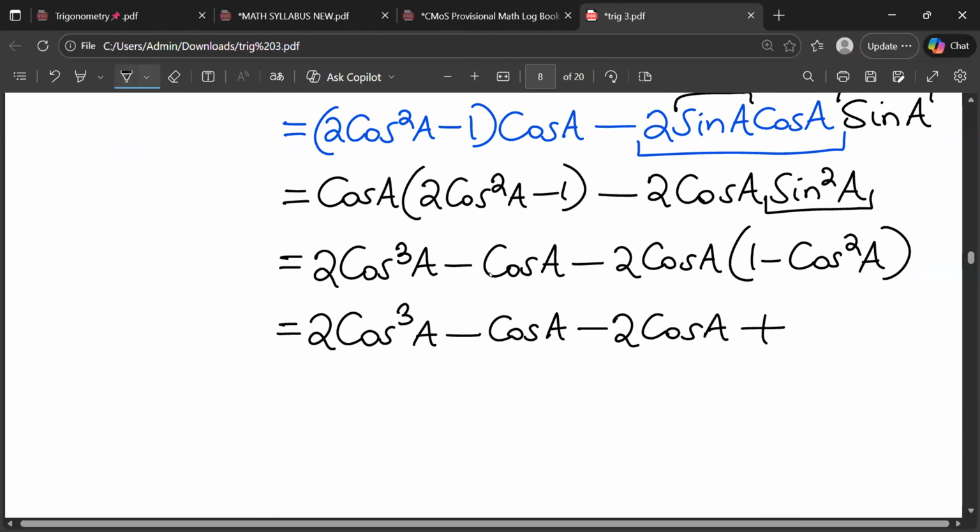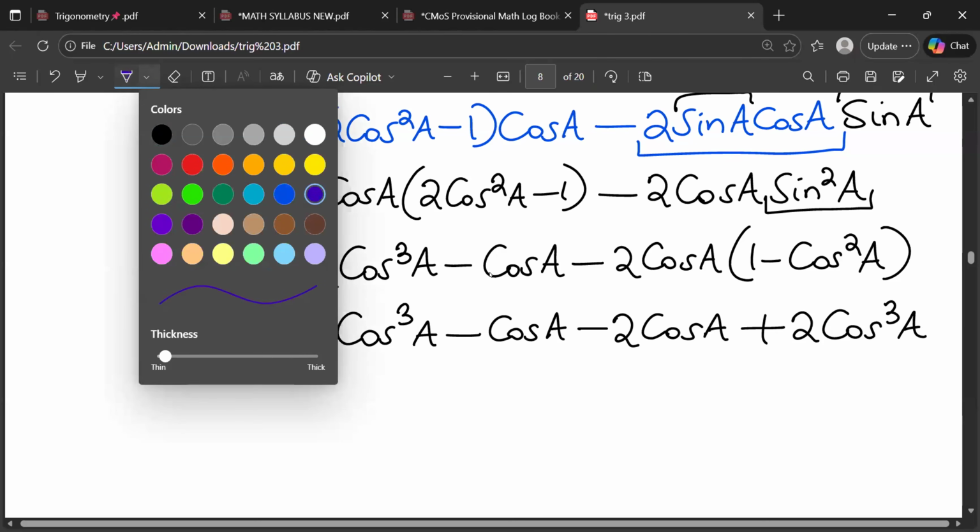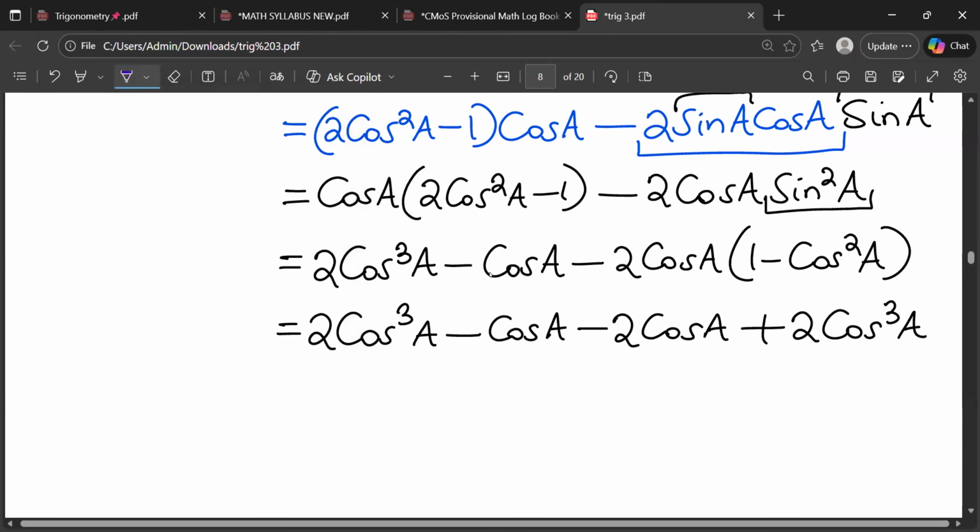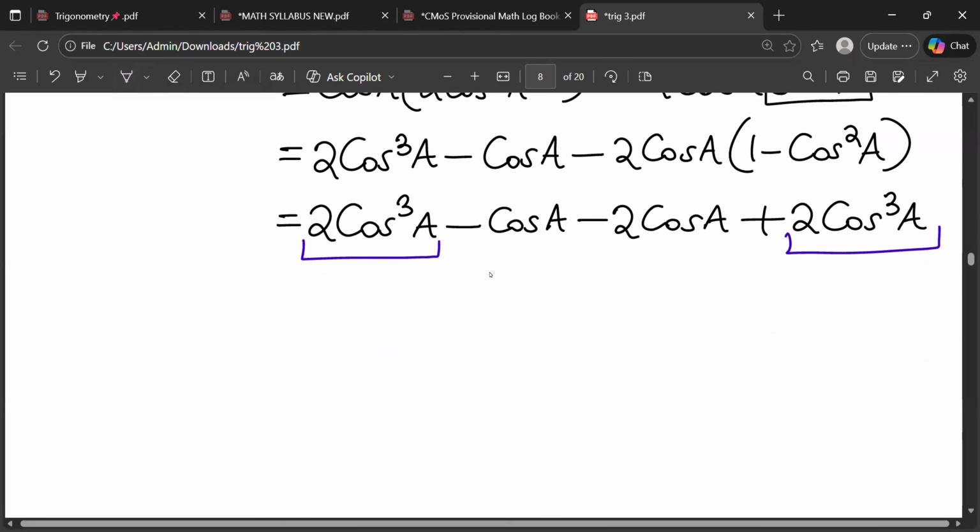This one is now plus 2 cos cubed. So I don't know if people are seeing the 2 cos cubed. This one is 2 cos cubed. Even this one is 2 cos cubed. Are you seeing that? So that one will give us 4 cos cubed.